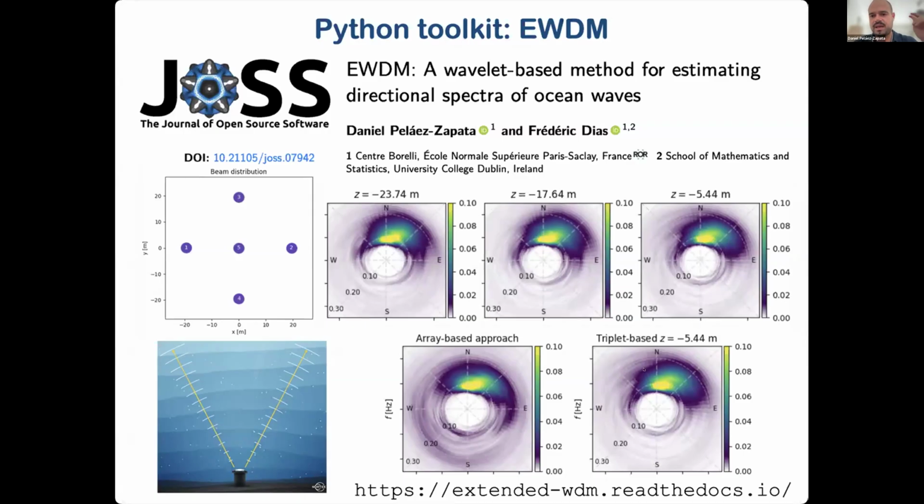When we compare the triplet-based with the array-based, we see that there is more noise in the array. It is because the size of the array is fixed, and there is not much variety in the distances. So it's difficult to obtain a good estimation for different wavelengths.